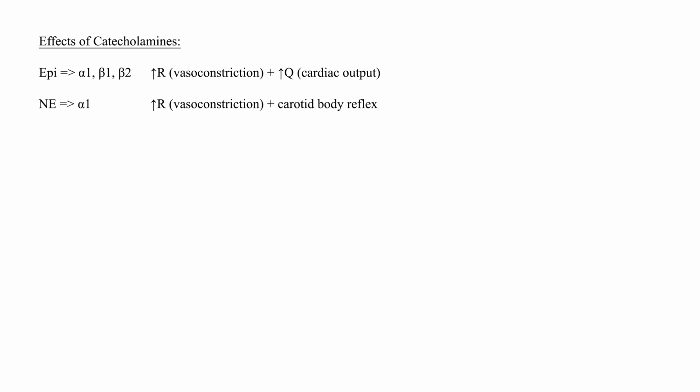Now, epinephrine, when it activates beta-2 receptors, will cause a little bit of vasodilation. Those beta-2 receptors tend to be in the major vessels to major muscle groups, and this actually makes logical sense. If you need to run away from a lion or a bear, you need blood flow to your major muscle groups.